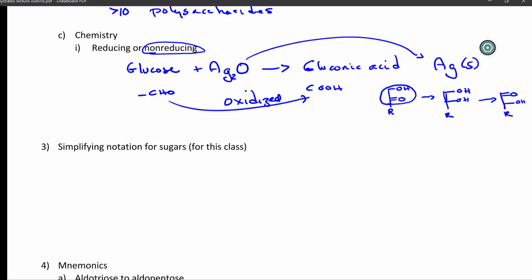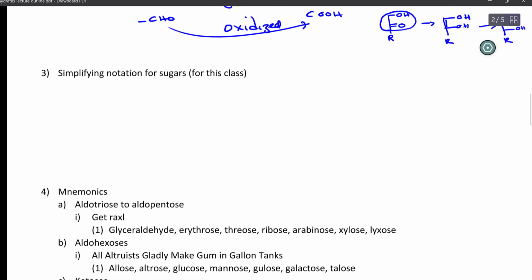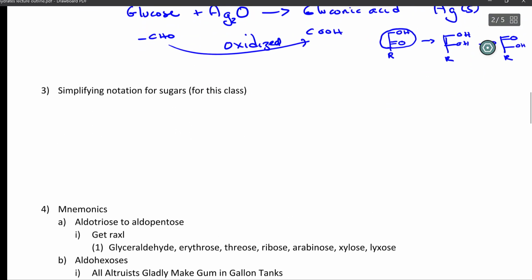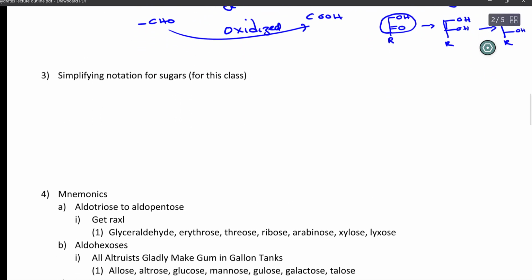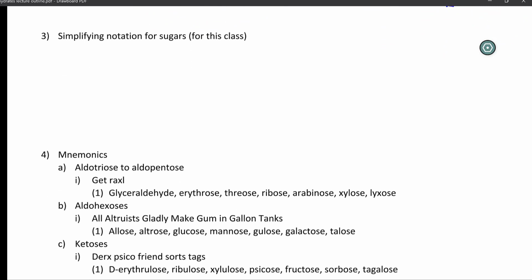Now, I'm going to be drawing a lot of sugars, and you sort of saw what I did over there on the right. I'm going to be using notation to simplify my notation for sugars. So, for example, this is glucose, and I'll draw what I drew before in the Fischer diagram.